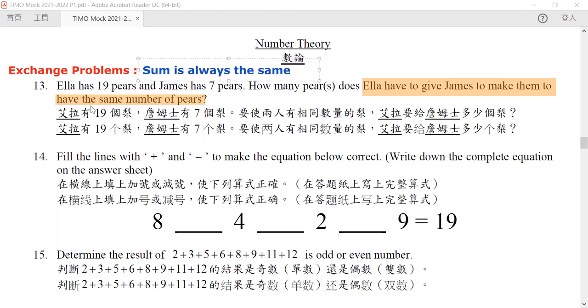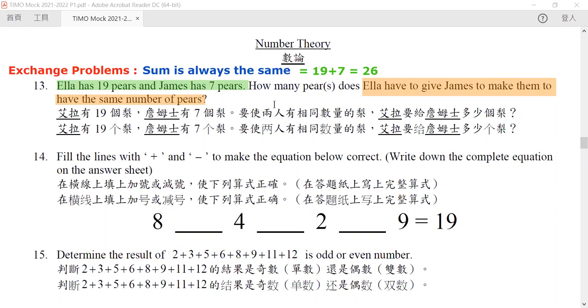So in here, the total sum of our pears will be 19 plus 7, which is equal to 26. So we know that there are 26 pears in total.